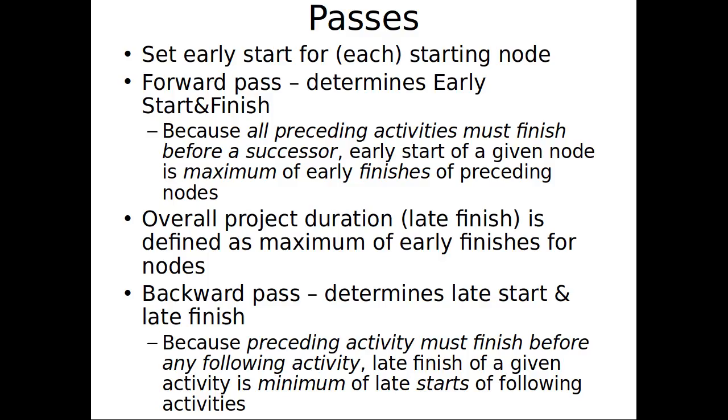So that's the first pass. And coming out of that, we're going to get a time for the entire deliverable. And then we're going to perform a backward pass that's going to determine the late start and late finish. And the key difference here from the forward pass is that for this backward pass, we're going to be computing the late start and late finish instead of the early start and early finish.